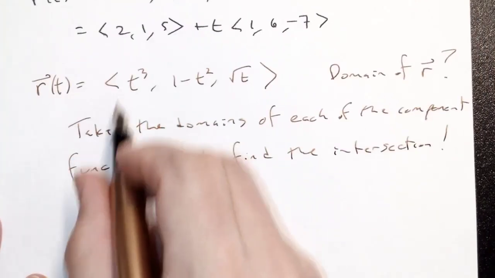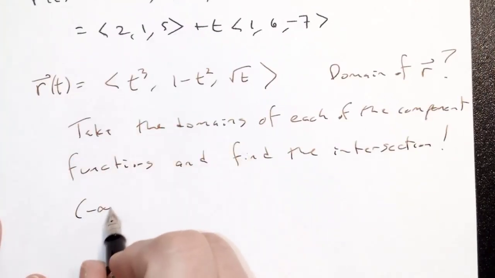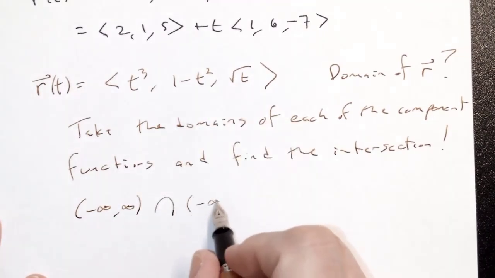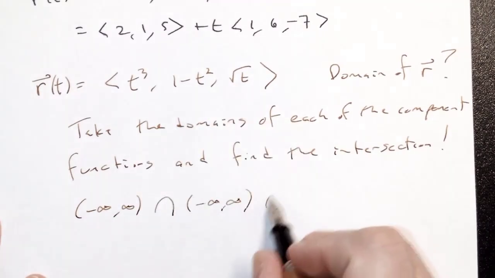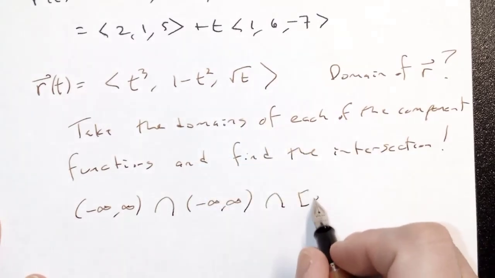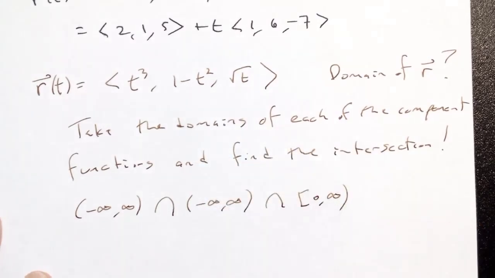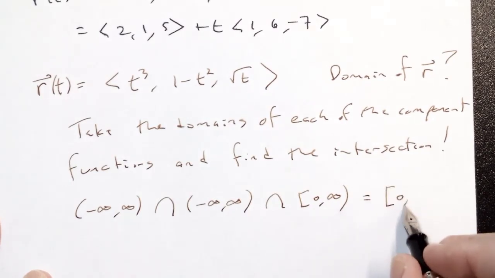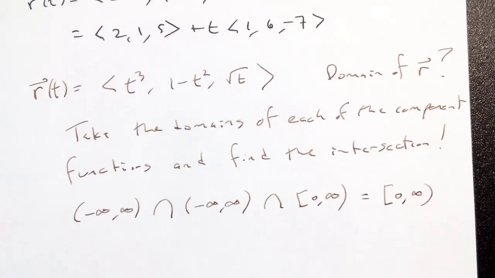So we said that for t cubed, we could use minus infinity to infinity. For 1 minus t squared, we could do the same thing. But for square root of t, we could only use the positive numbers and 0. Well, when I intersect all three of those, I only get the positive numbers and 0.